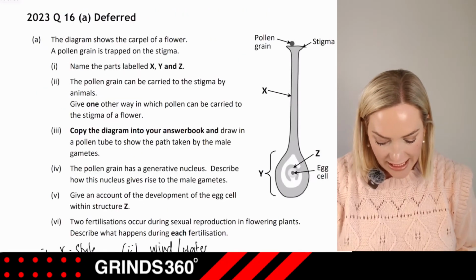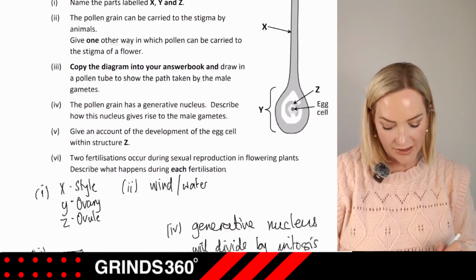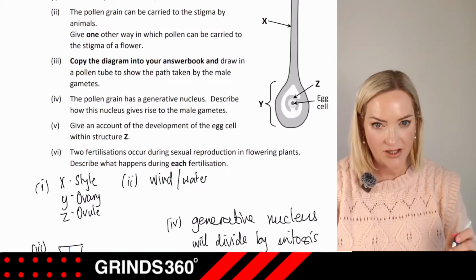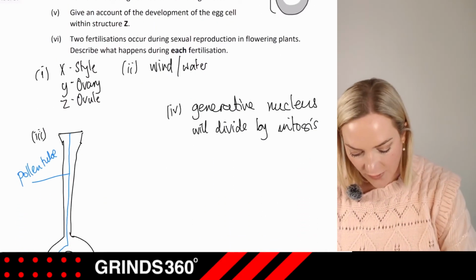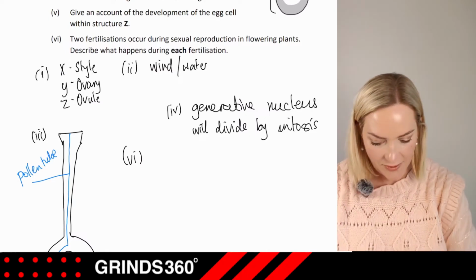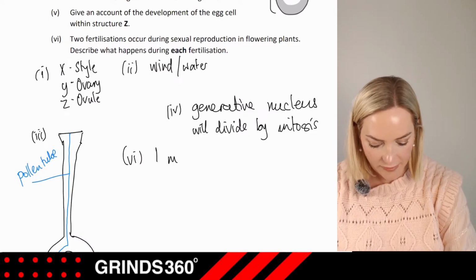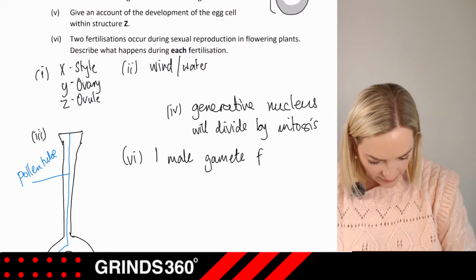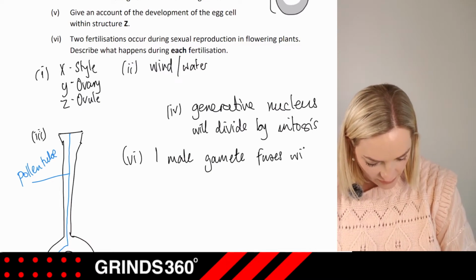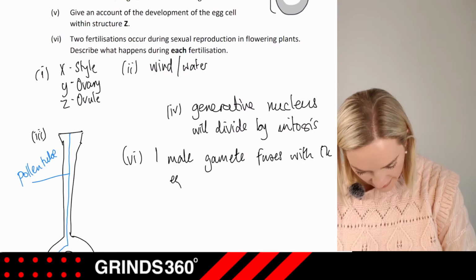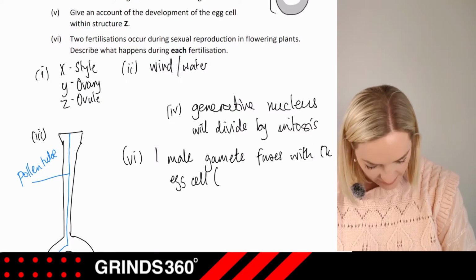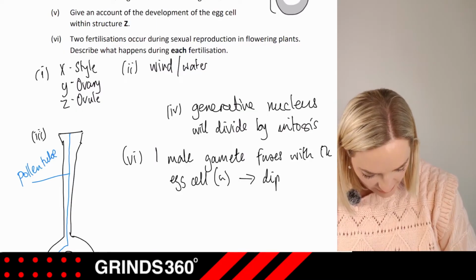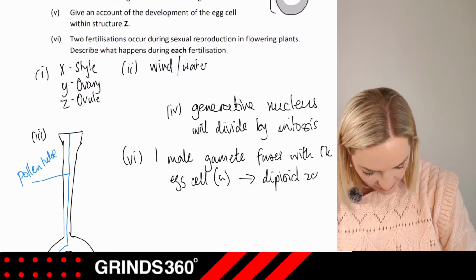Now if I go back to the last part, 2 fertilizations occur during sexual reproduction in flowering plants. Describe what happens during each fertilization. So let's look at this. We can say one male gamete fuses with the egg cell. It's haploid, and this will become our diploid zygote.